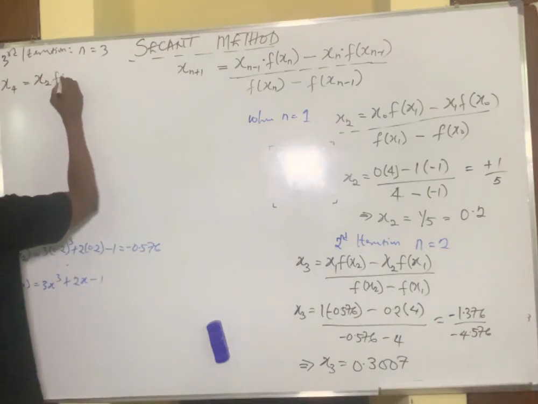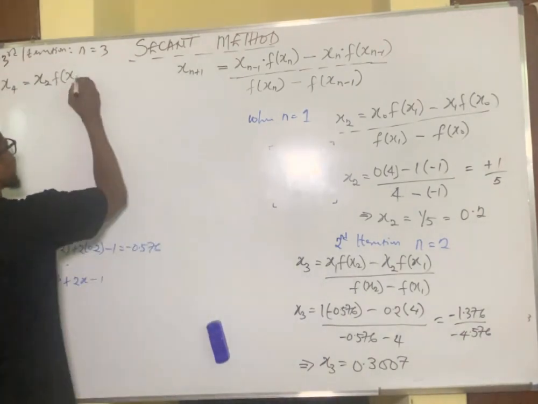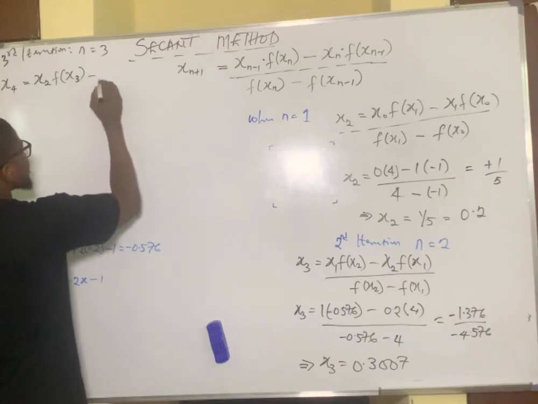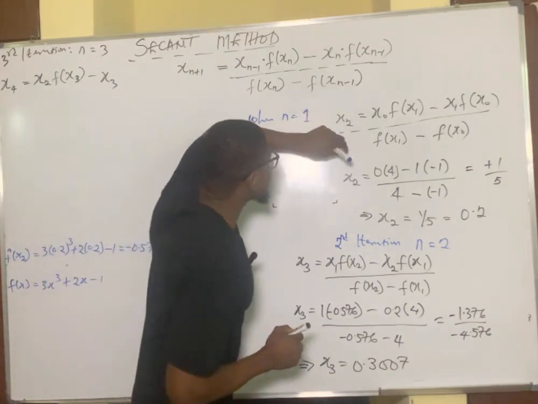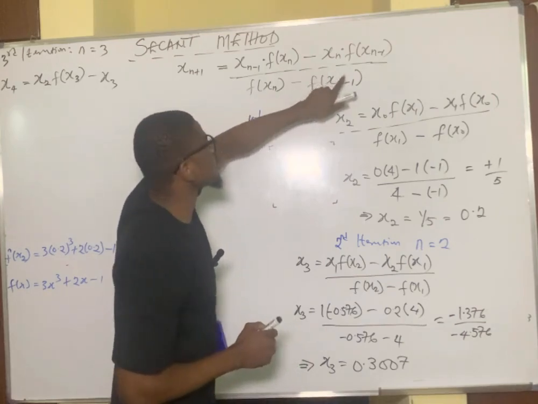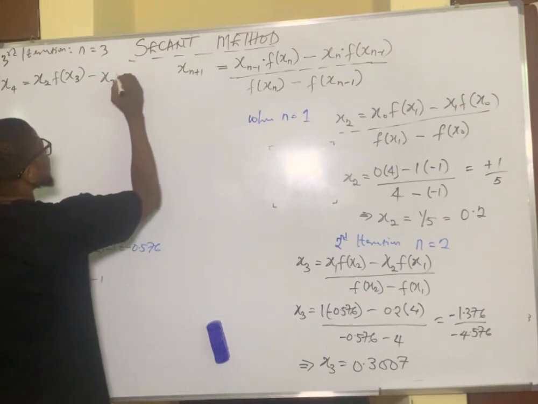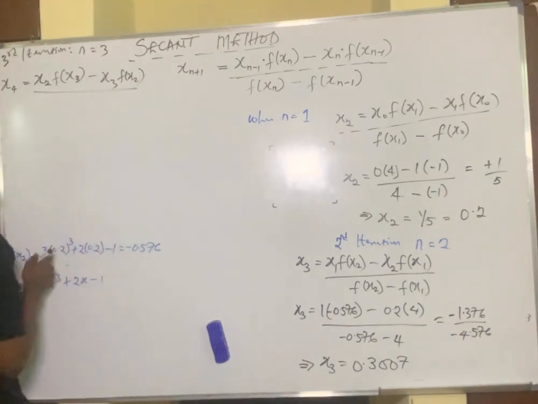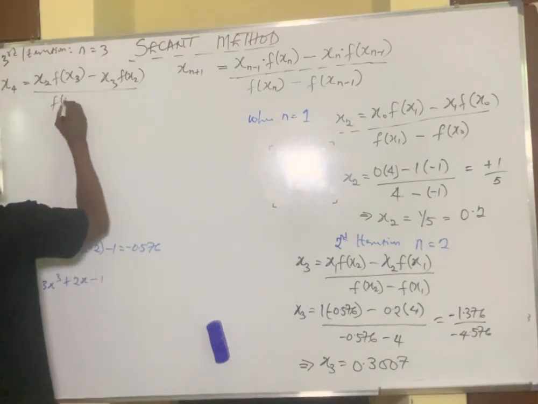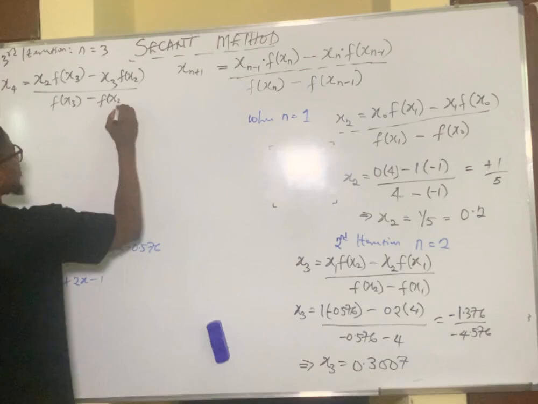We have x2 into f of x3 minus xn, of course, is x3 into f of xn minus 1, that's f of x2. The whole of this divides by f of x3 minus f of x2.